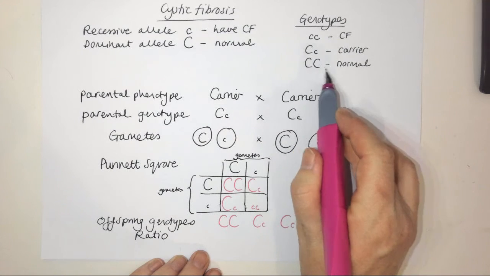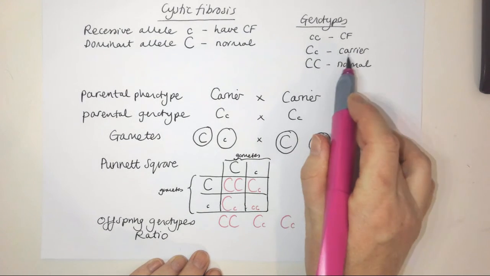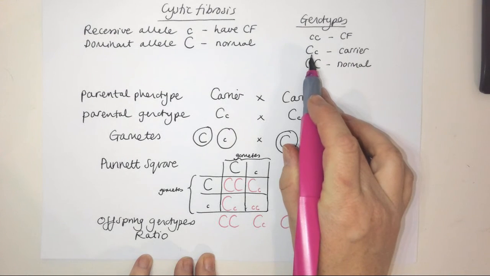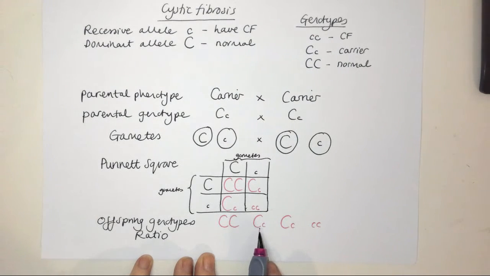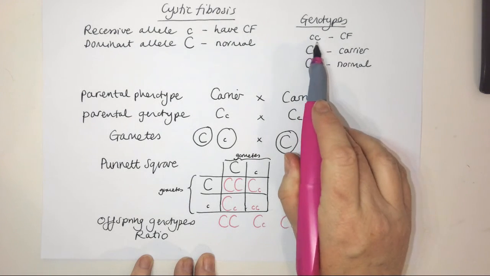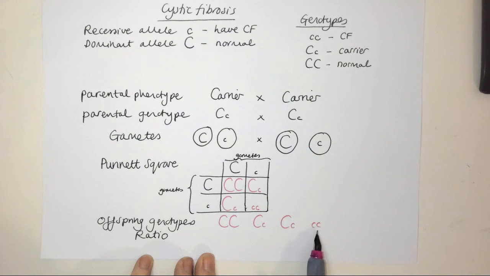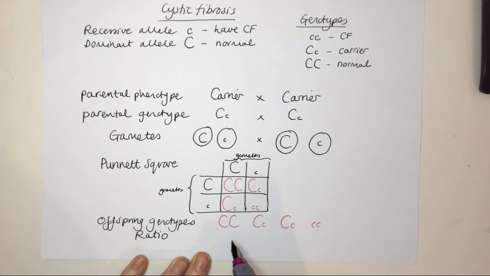These are all going to be normal. You do have two carriers, so you have to be careful. If the question asks how many are going to be carriers, you have to look and you can say that half of them, so that's 2 out of the 4, so that would be half. If it asks you the probability of the offspring having cystic fibrosis, then you would say 1 out of the 4, so a 1 in 4 chance.